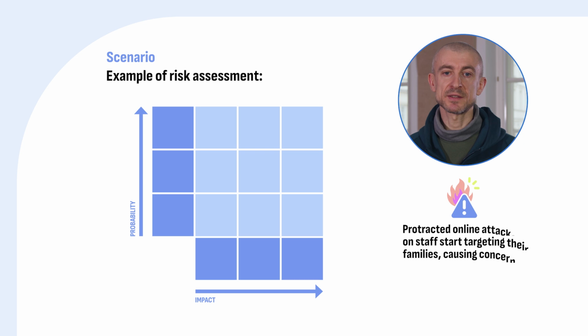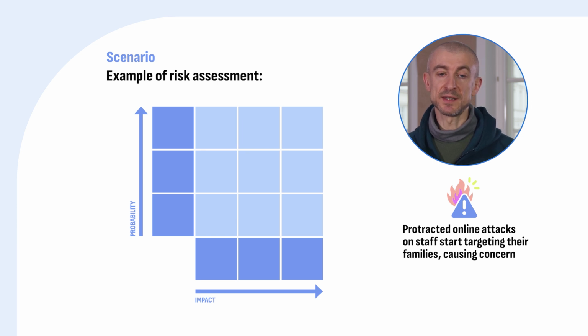Regarding online attacks on staff members that are protracted over time and start targeting their family members, thus causing extreme worry and concern, we know that staff of the organization have sometimes been targeted with online intimidation and smear because of their work on sensitive topics, and such episodes have intensified lately.